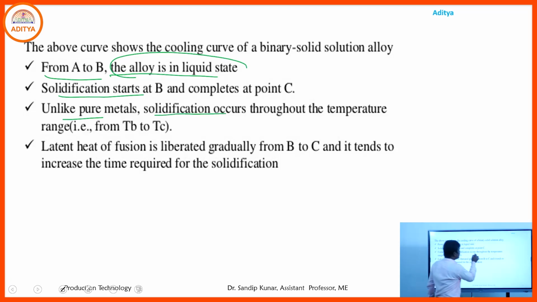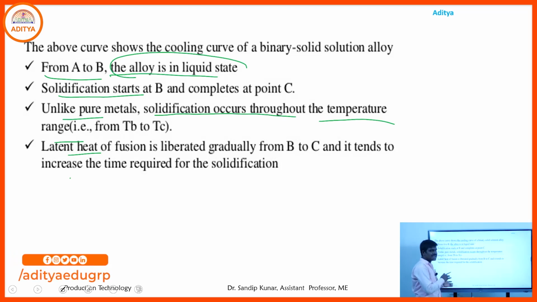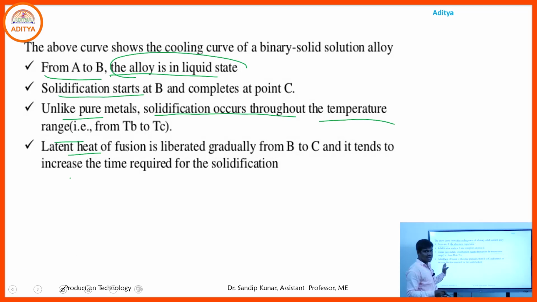Unlike pure metal, solidification occurs throughout a range of temperature, from B to C. Due to continuous removal of heat, it will start to solidify. Latent heat will be liberated from B to C and tends to increase the time required for solidification. With continuous heat removal, the liquid phase converts into solid phase. That is the main discussion of the cooling curve for alloy.